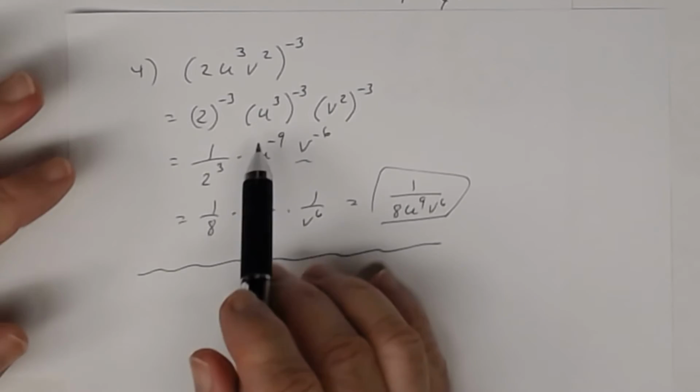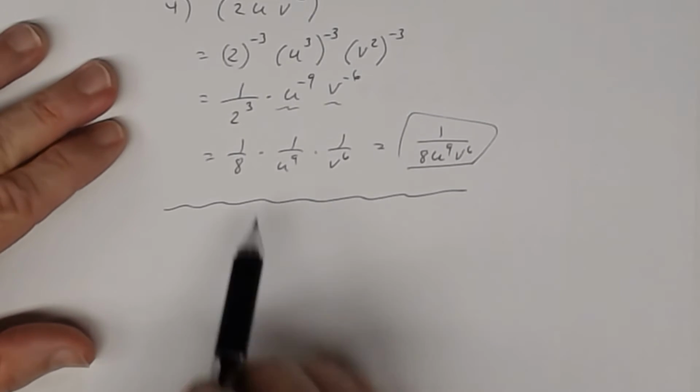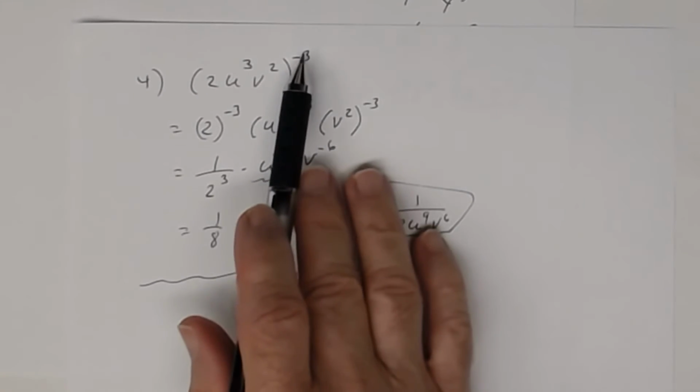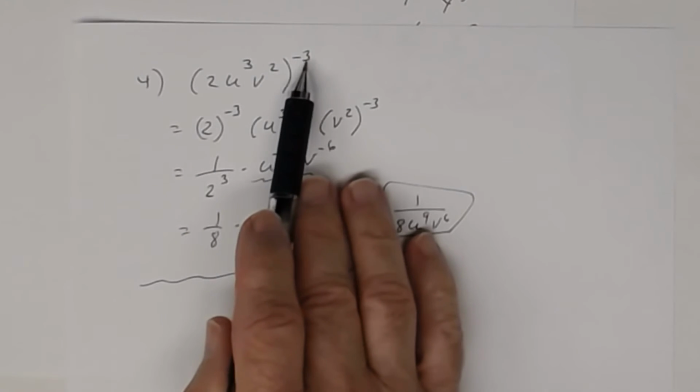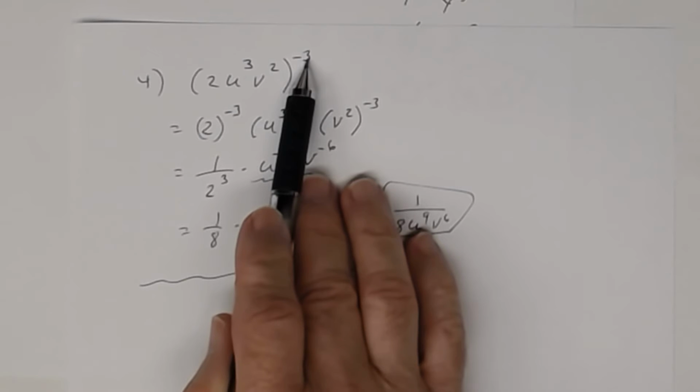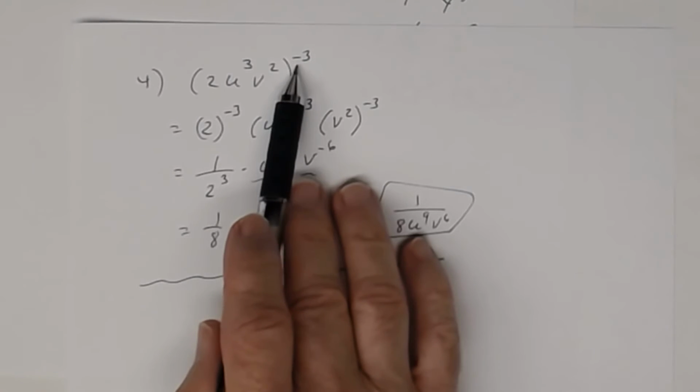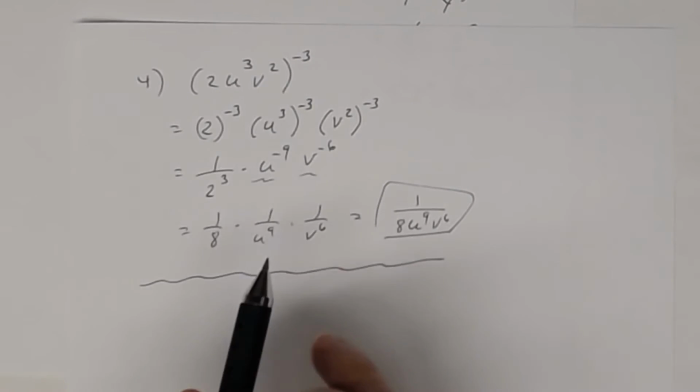Okay? But here's what some students will do. Whenever you have a power to a power of a product and that exponent is negative, to make that exponent positive, you just take the reciprocal of this.